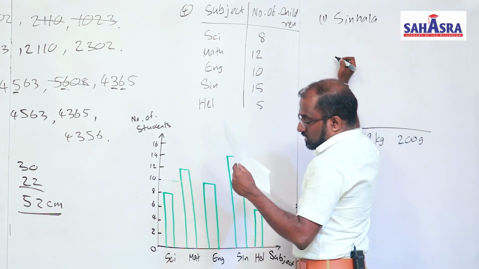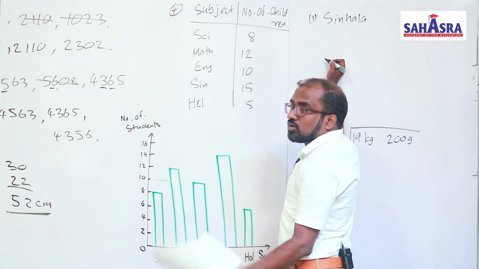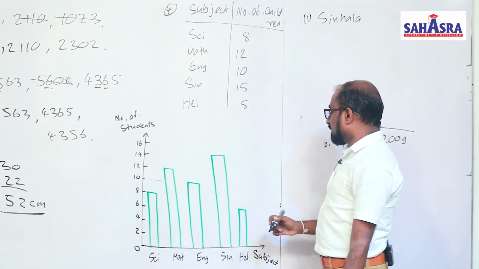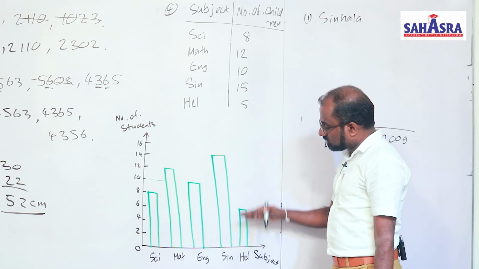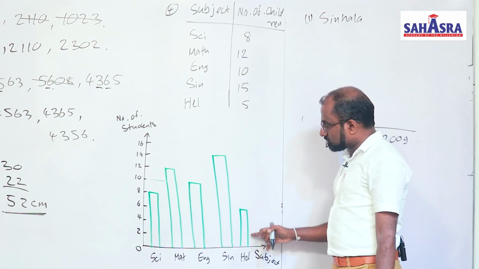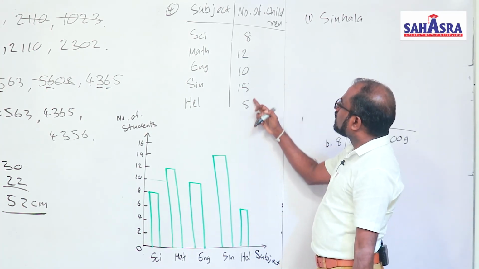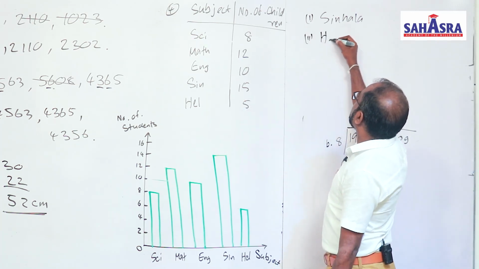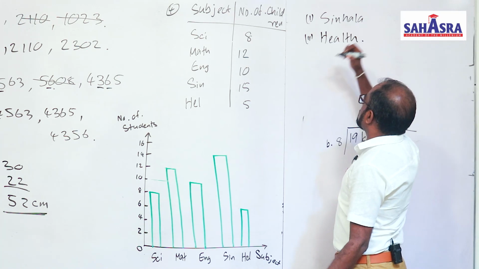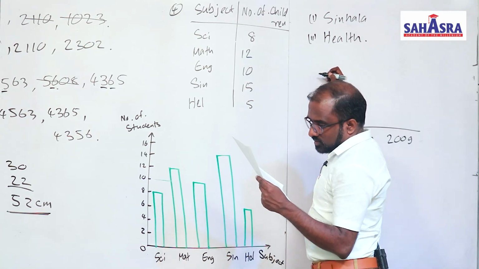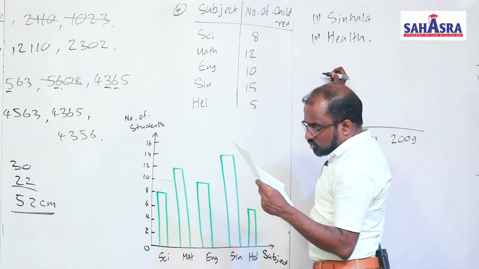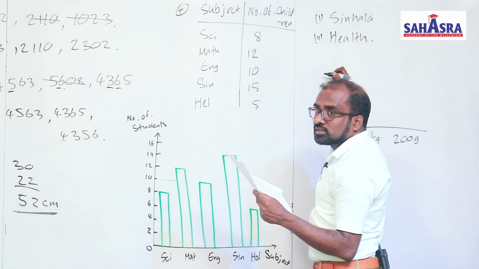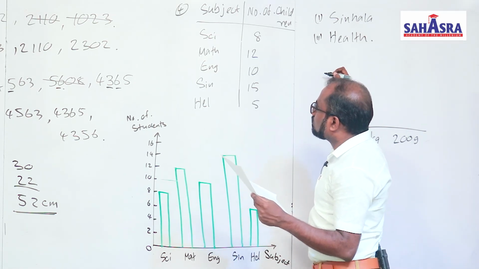Sinhala. What is the subject least of the children like? Least. So find the shortest bar, the shortest column, that is health. Here also you can find the smallest number is 5. Health, the subject preferred by the least number of students. How many more students like maths than science?